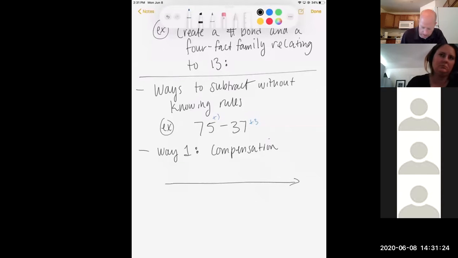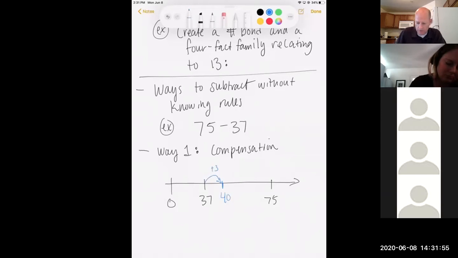And so I'm going to show these numbers on the number line. Let's pretend that this right here is 37, and this right here is 75. So if I'm going to add 3 to 37, I'm going to jump from 37 to 40 by adding 3.